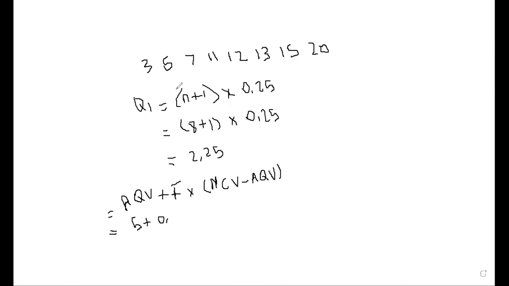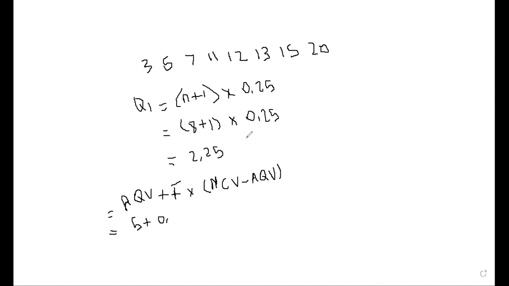Because now we need an approximate quartile value, that's why you ignore this fractional part. This is your fractional part, your decimal fraction. So we're going to check at the second position, which is 5.